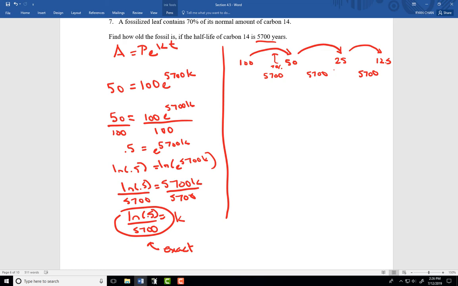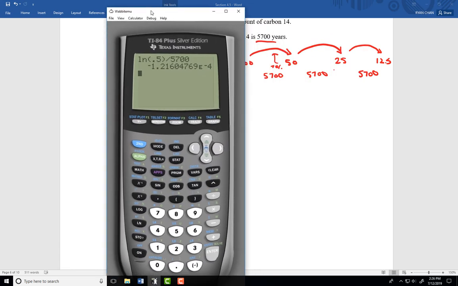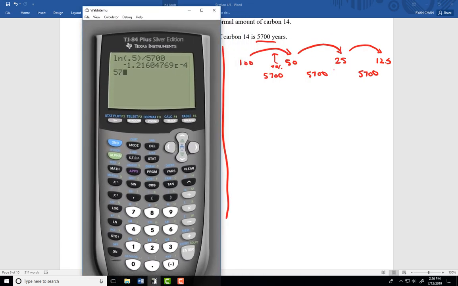Or for example, if they ask how long it'll take to go to 25, it'll actually be 5,700 plus 5,700, because it takes 5,700 years to be cut in half twice.